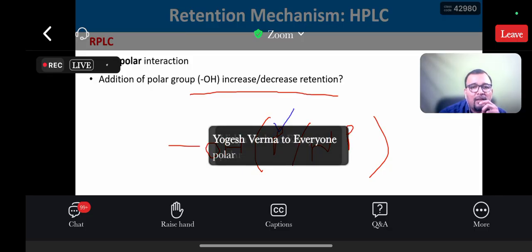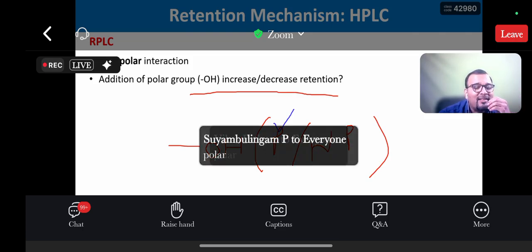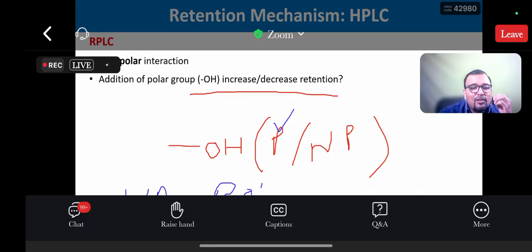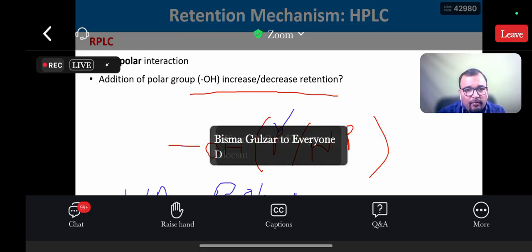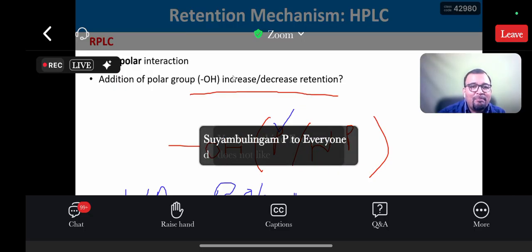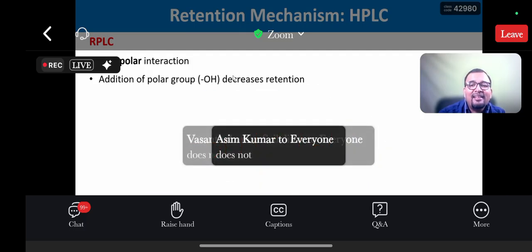So if the polarity of the compound increases, the compound becomes more polar. Will this non-polar stationary phase like the polar compound or not? Does not, right? And because of that, you will find a decrease in the retention time.